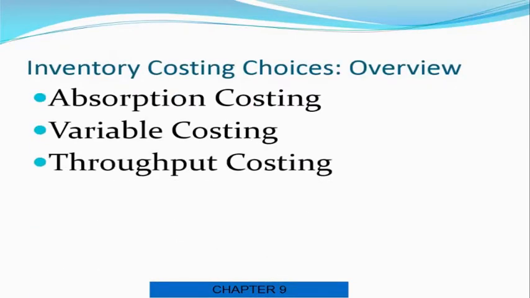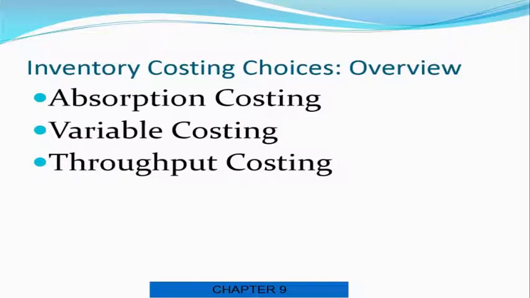Here, a cost accountant has three choices for how to calculate inventory cost: absorption costing, the first method; variable costing, the second method; and throughput costing, the third method.